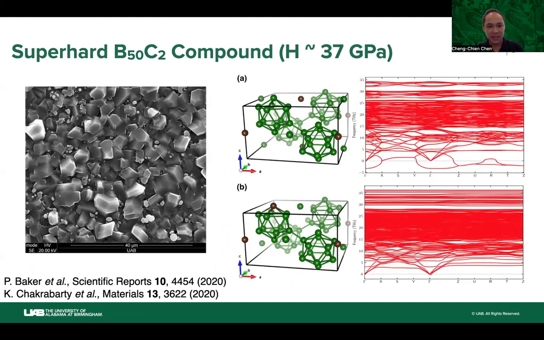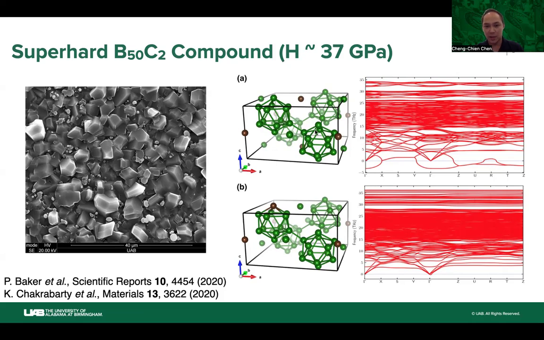Okay, as a quick example, here I'm showing a previous collaboration with Professor Yogesh Vohra and Professor Aaron Catledge's group at UAB on studying a superhard B50C2 compound. That is corresponding to the TEM image. And on the right-hand side, I show two possible crystal structures.